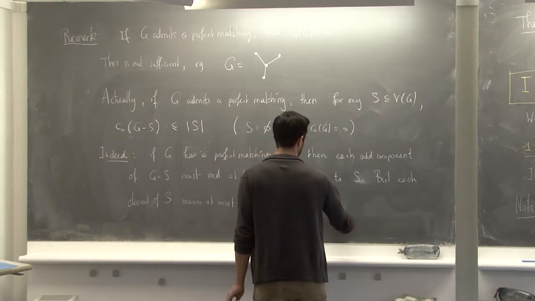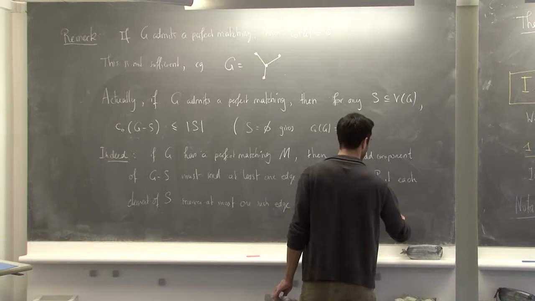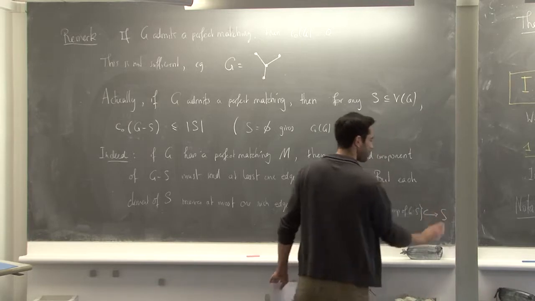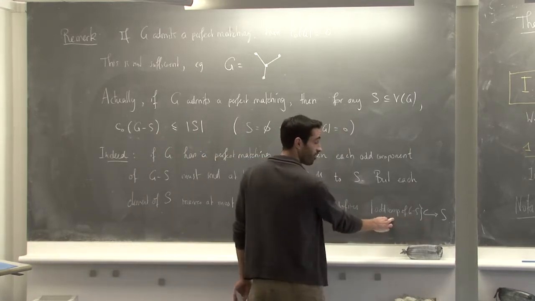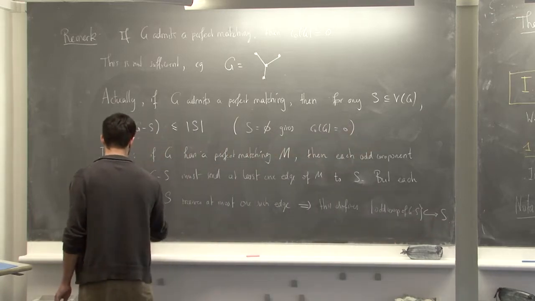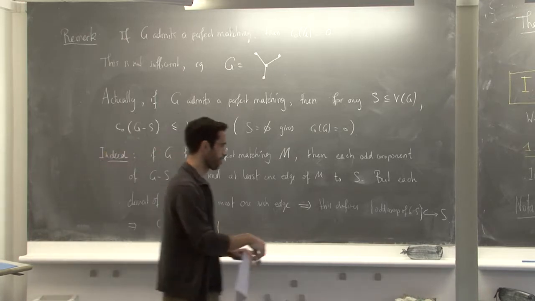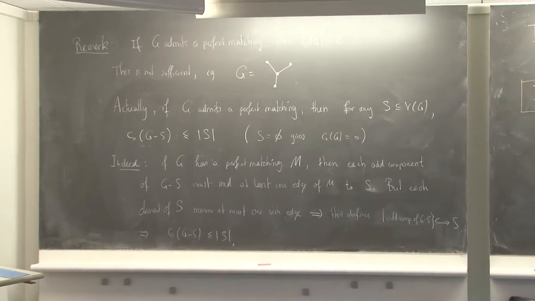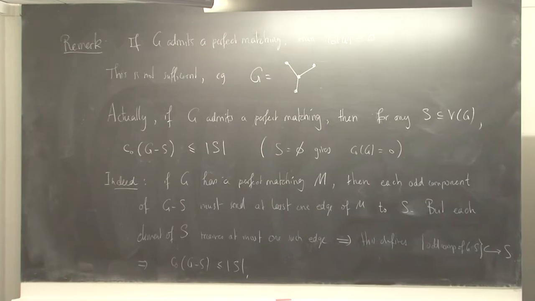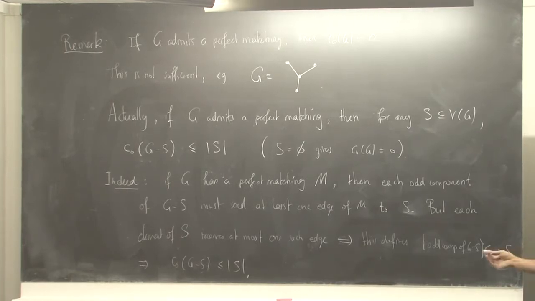This defines an injection from the odd components of G minus S into S. It means the number of elements here is smaller or equal to the number of elements there.